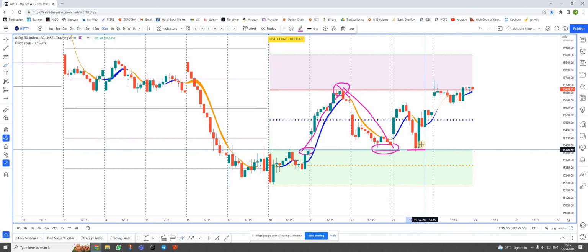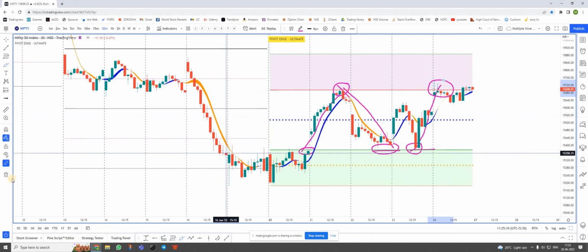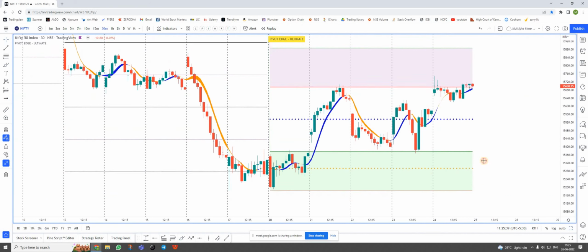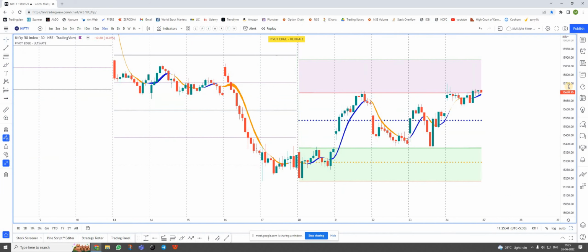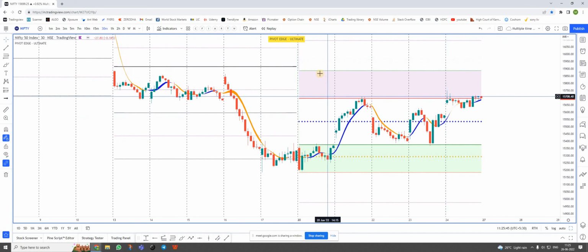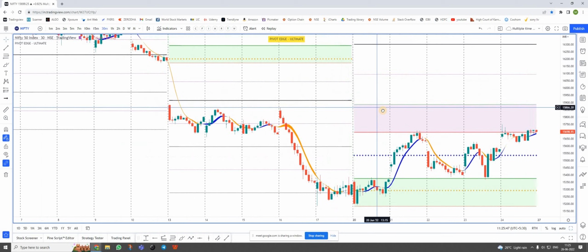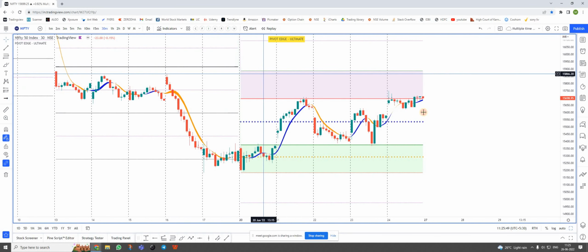Again, strong support zone. It left from here, then it went to resistance. Okay. So it is easy to understand for us. Suppose you want to carry a position on a weekly option or a monthly option or a future, it is advisable that you look for taking position in this particular time frame.